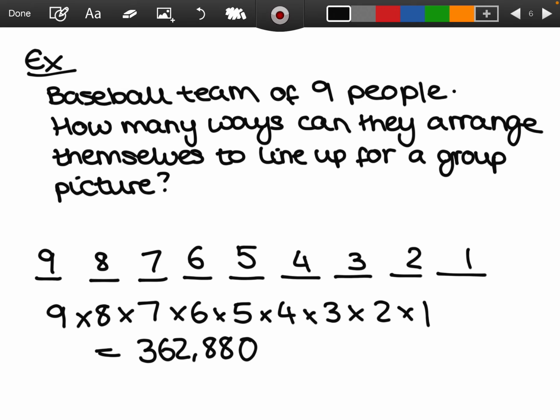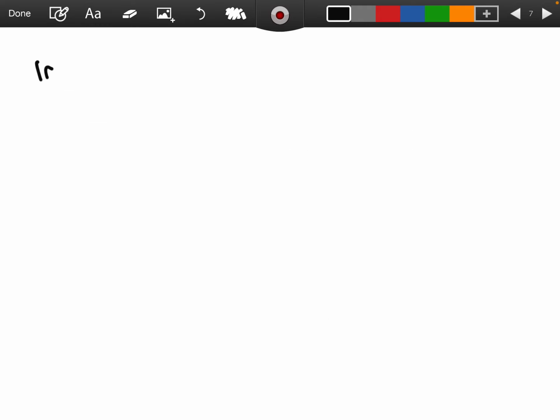Okay. In this example, you'll see that we ended up multiplying 9 by every number that goes before it. That can actually be kind of shortened into a shorter notation, and that is called the factorial.